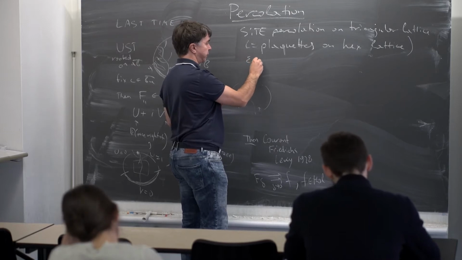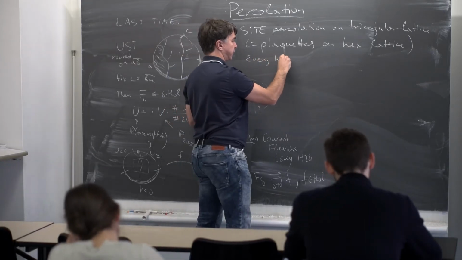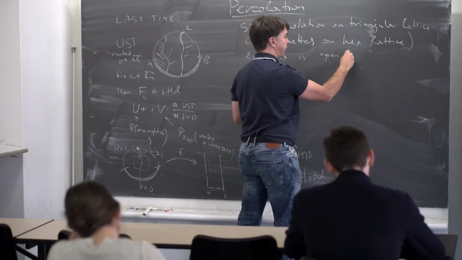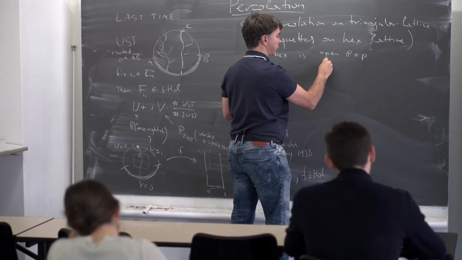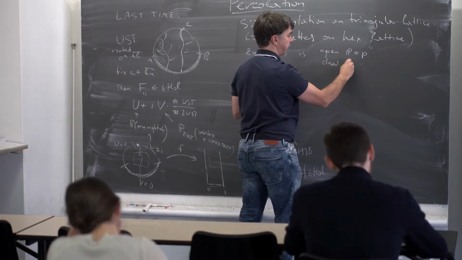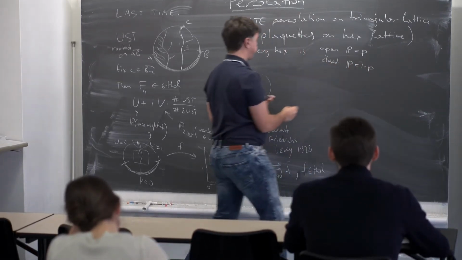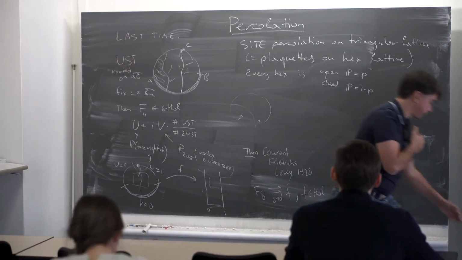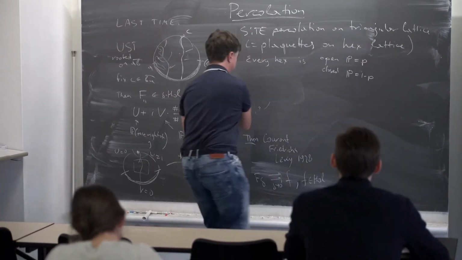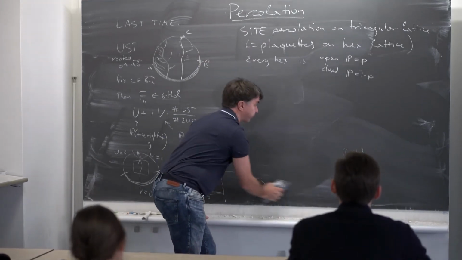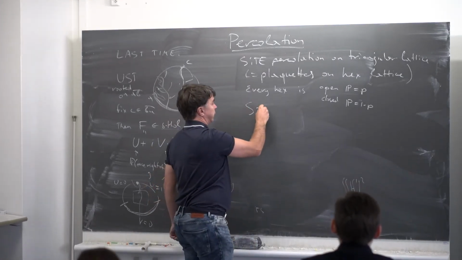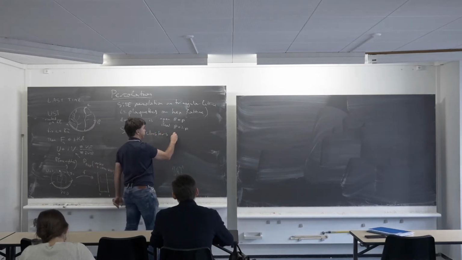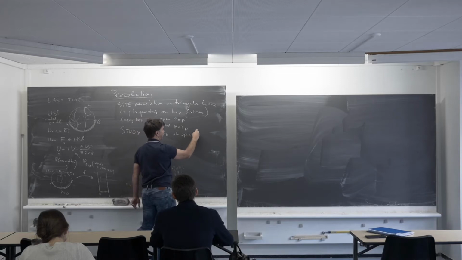So every hexagon is open with probability equal to p, closed with probability equal to 1 minus p. And then we study clusters of open hexagons.